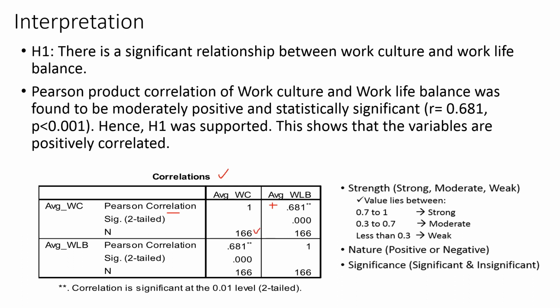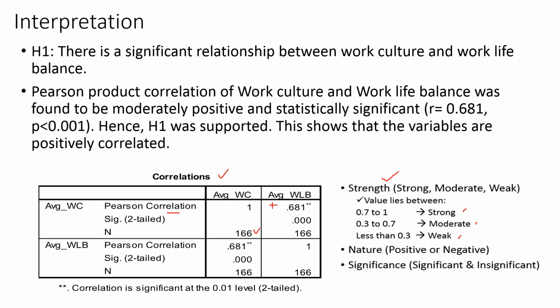This is a table which I got, and this is the measurement of strength: strong, moderate and weak. If the value of Pearson correlation lies between 0.7 and 1, it is a strong relation. If it is between 0.3 and 0.7, it is moderate, and if it is less than 0.3, it is weak.